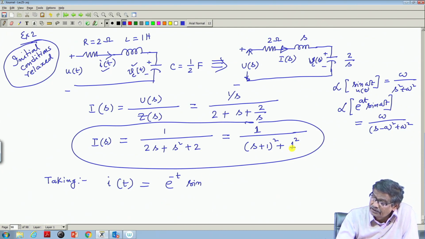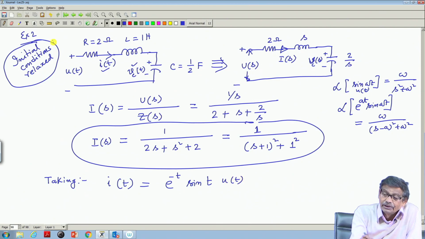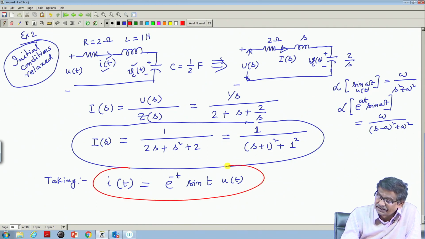So, omega by omega square sine omega t, 1 into t into u t. This will be the solution for the current.